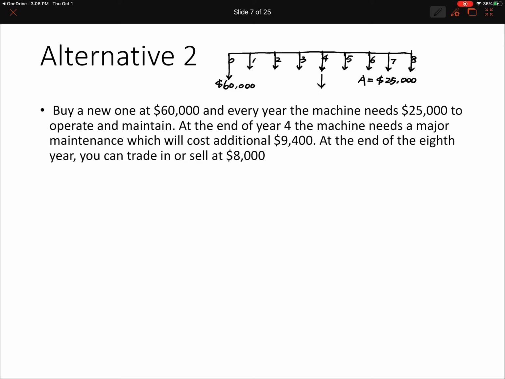So you're going to have an additional arrow going downward, a shorter one, which is 9,400. Okay, and at the end of the 8th year, you're going to have receiving for trading, and the price is 8,000. So it's a very short arrow going upward, which is 8,000. Okay, so that's the cash flow.